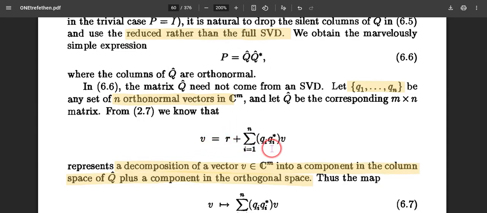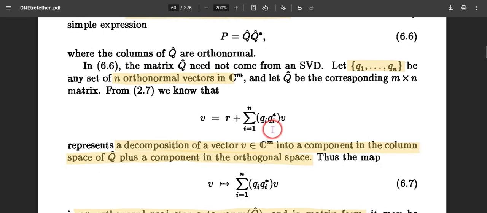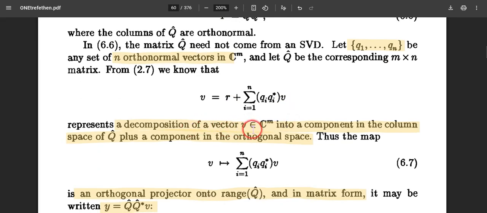Any vector can be expanded in terms of the orthonormal basis, and the remaining part is a residual that will be orthogonal to this orthonormal basis. So a vector can be decomposed into a component along the column space of Q plus a residual component, which is orthogonal to this space.